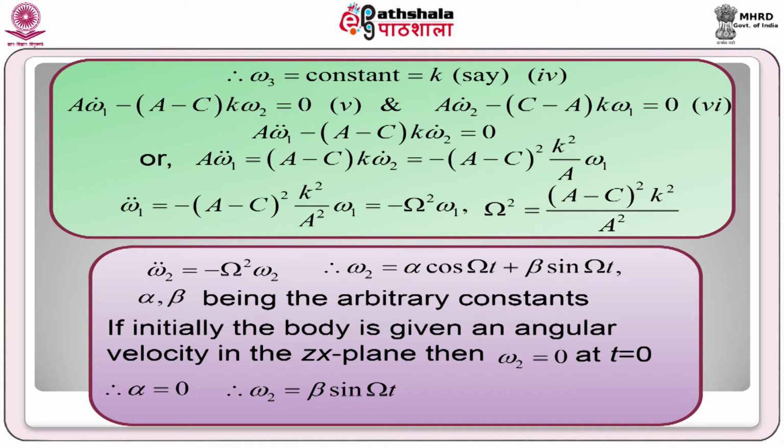Substituting this value, that is 5, into equations 1 and 2, we have capital A into omega 1 dot minus capital A minus C omega 2 into k equal to 0. Similarly, substituting in 2, capital A into omega 2 dot minus capital C minus A omega 1 into k equal to 0.